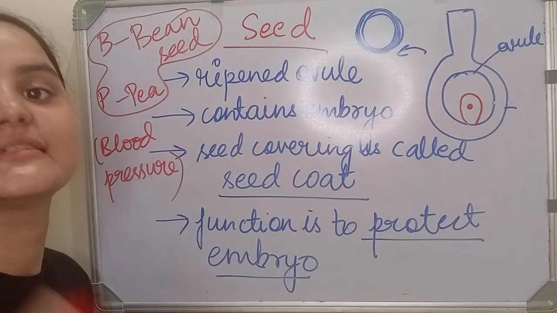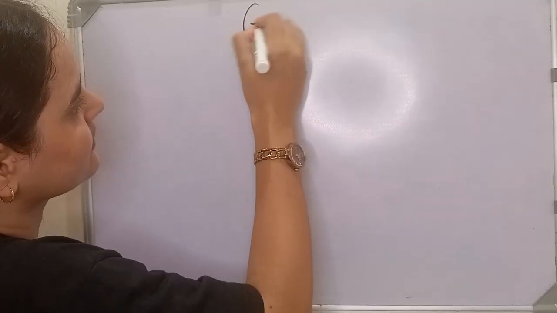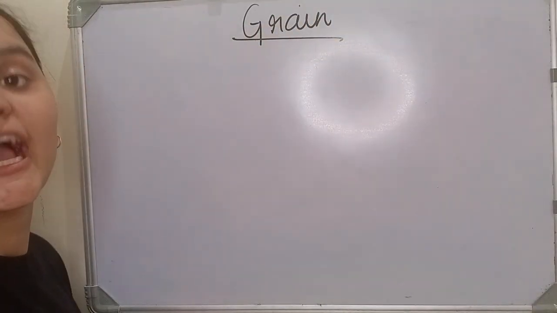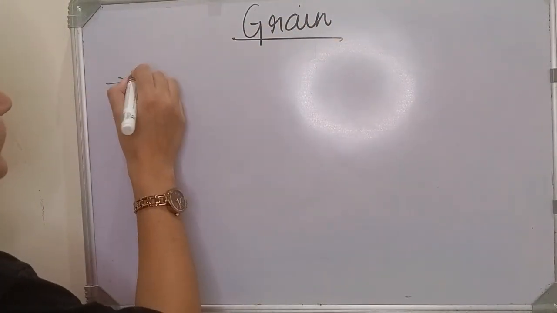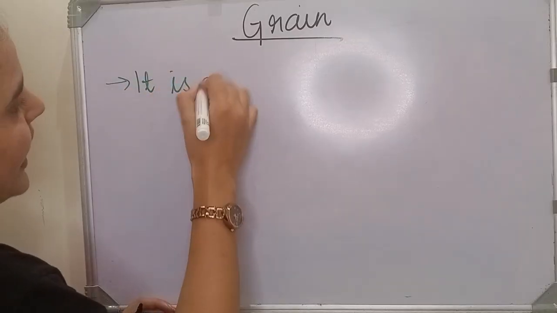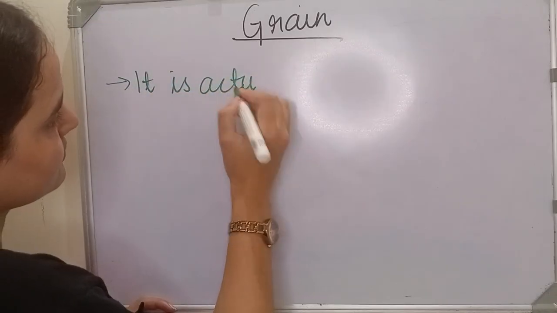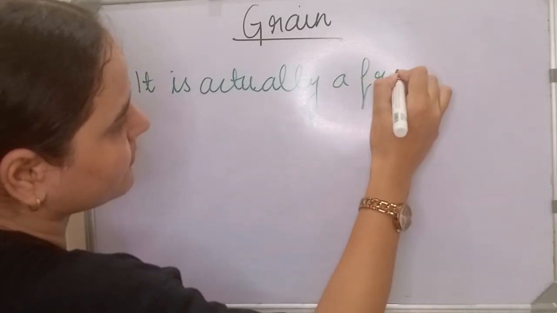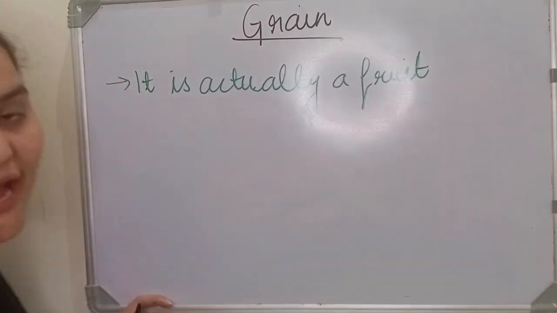Okay, now let's study about grain. So grain is actually a fruit. See what happens?